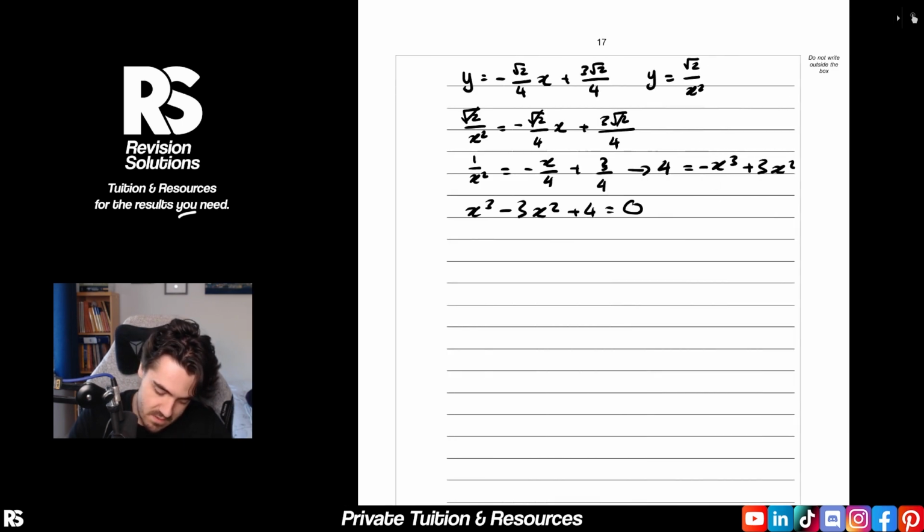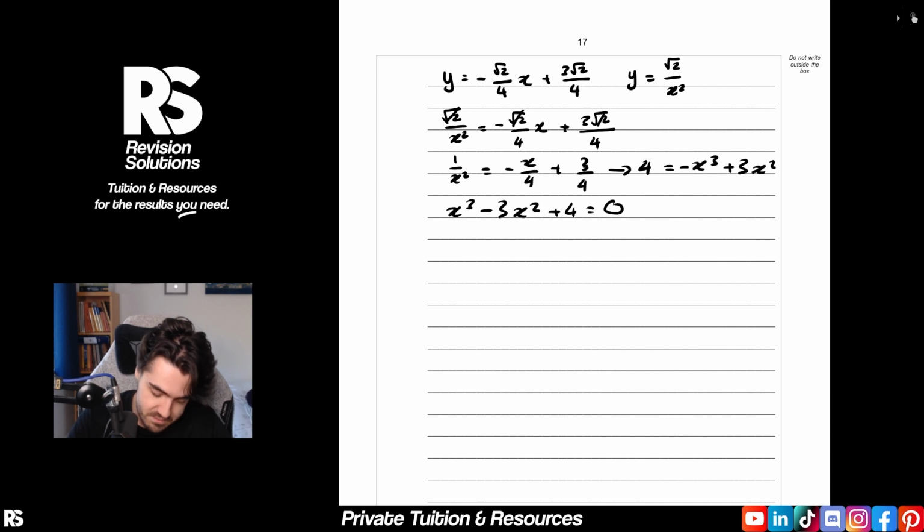So we can find the other factors by using long division, dividing through by x minus 2 into x cubed minus 3x squared, plus 0x because we're missing a power of x, then plus 4.